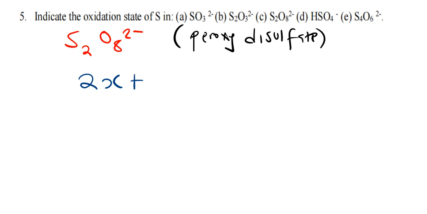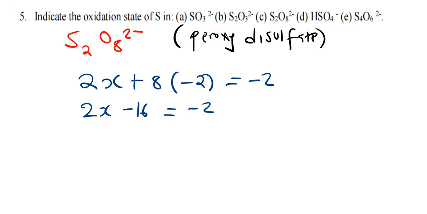How many oxygens do I have? I've got 8 there, multiplied by the charge of oxygen, which is -2, equal to the overall charge, which is -2. Then I solve this equation. 2x will be equal to 8 multiplied by -2, which is -16, then -2. So 2x will be equal to -2 plus 16, that is a positive 14.